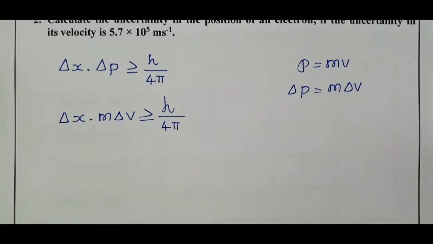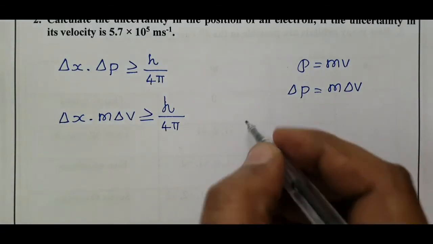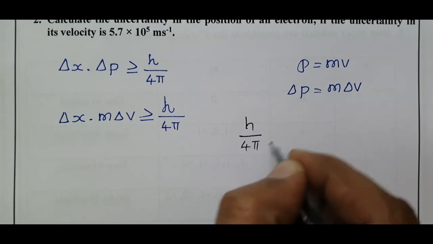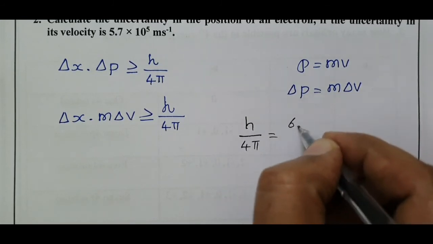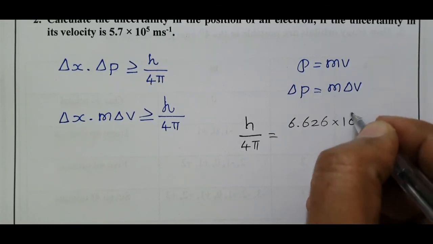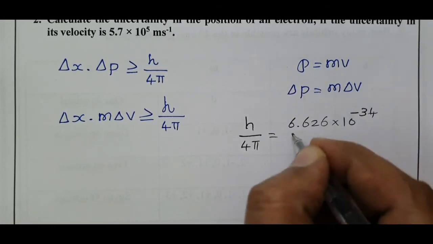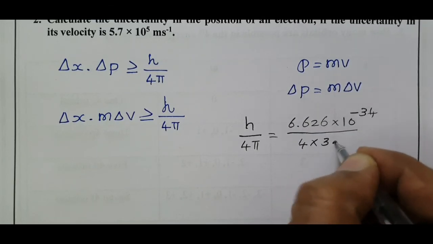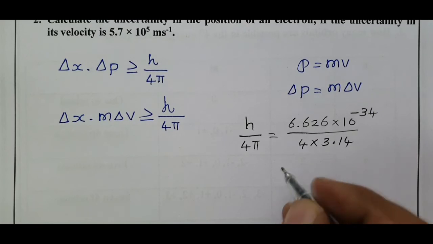Now, the right hand side value is a constant value, isn't it? H is nothing but Planck's constant. H by 4 pi equal to 6.626 into 10 power minus 34 divided by 4 into 3.14, the value of pi.